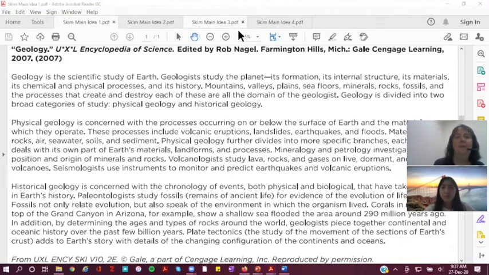We're going to look at this by reading only the first and last sentence of every paragraph, and we can summarize a little bit just from there.